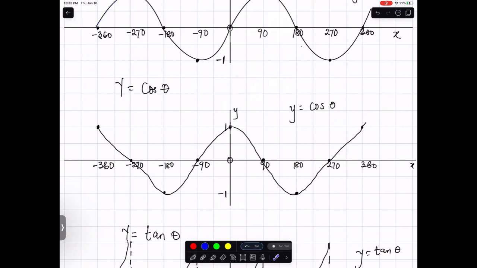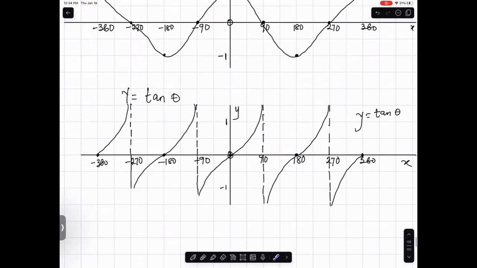So this is our sine graph. Then our cosine graph slopes down this way. Okay, and this way, then this way. Then the tan graph is a unique graph like this. Then we have our broken lines, which denote the points that don't have any value.